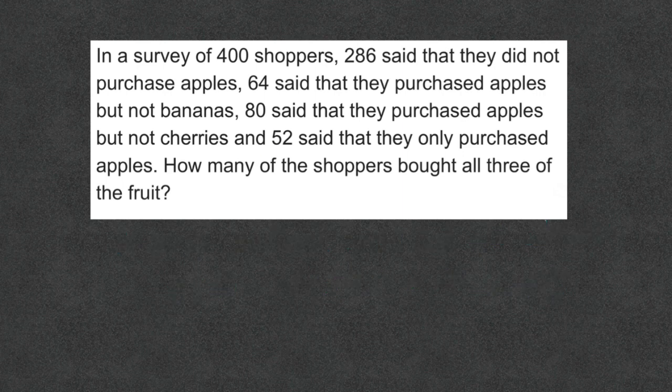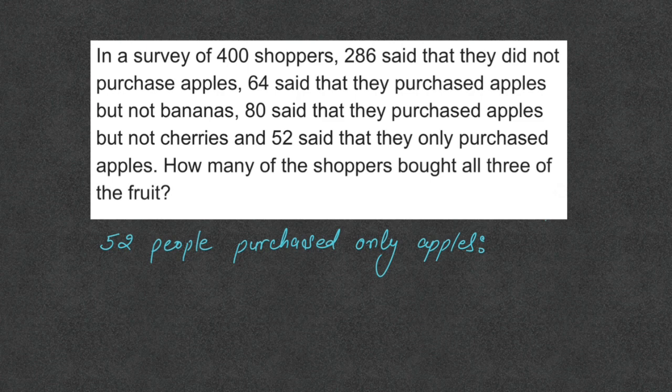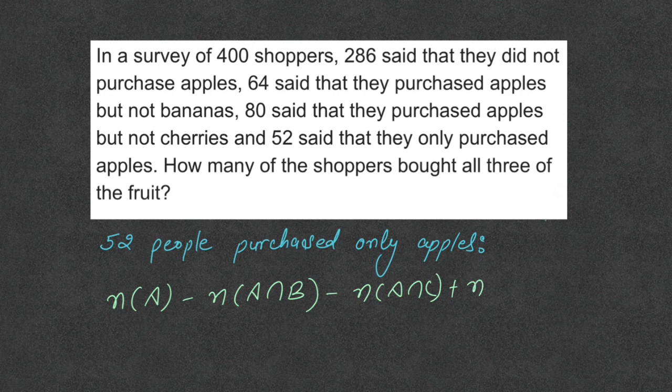And finally, 52 people purchased only apples. So using the inclusion exclusion principle again, I can write n of A minus n of A intersection B minus n of A intersection C plus n of A intersection B intersection C is equal to 52. This is equation number 3.